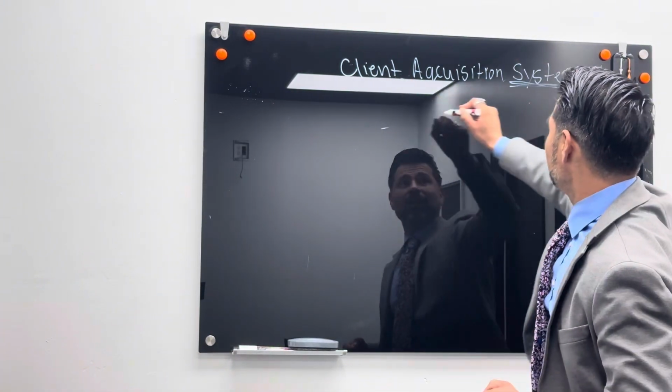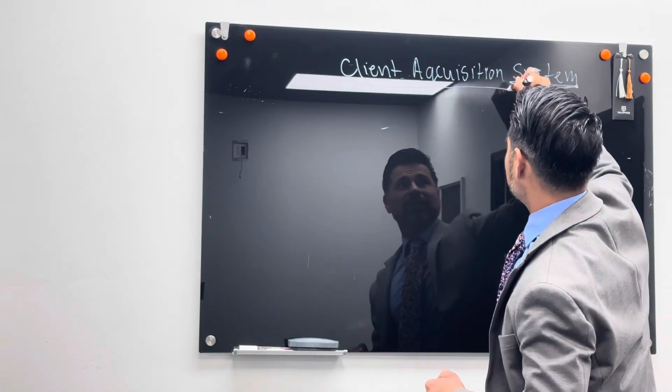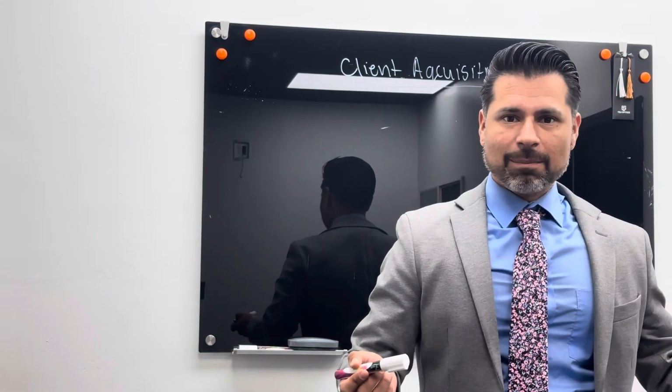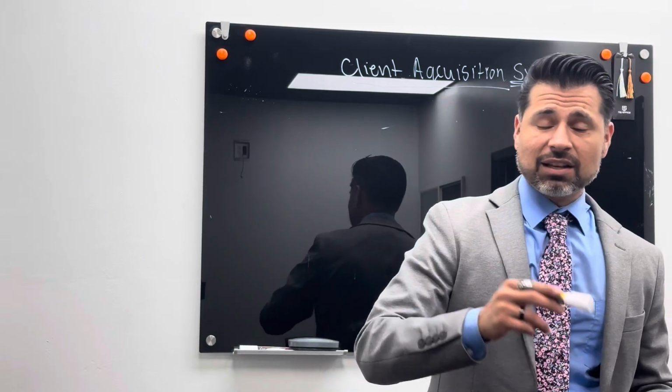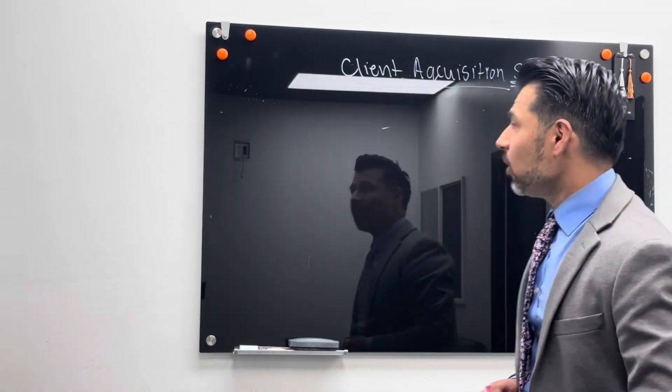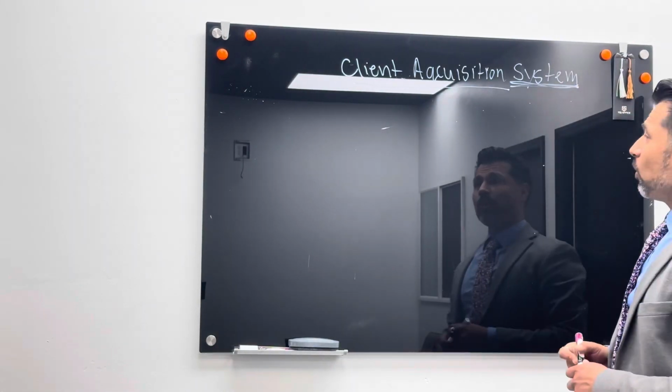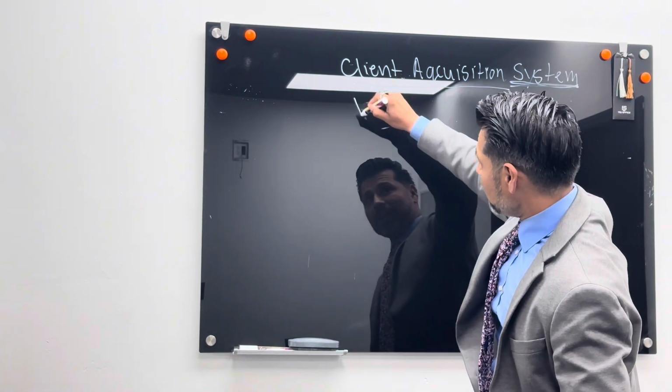A system is an automated step-by-step process that is an all-inclusive system for the client acquisition. So a system could be anything. I mean, even my computer's a system, right? And the system is made of simple processes that make that whole process function and work. And so for a client acquisition system to work, we need what did I say earlier?